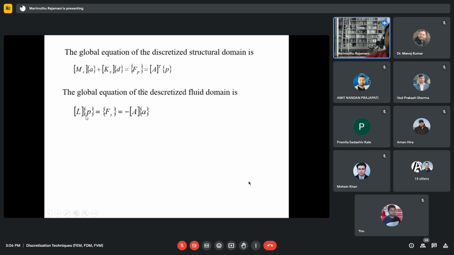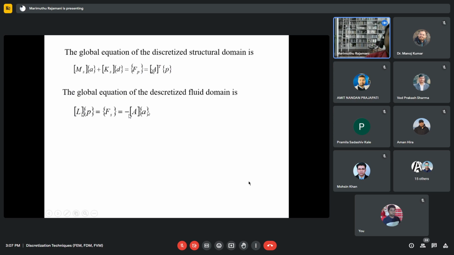This P you can substitute here. Here P is there, no? This P, if you invert it, L inverse A will come. Then once you put it here for P, it is A transpose L inverse A with a negative symbol.